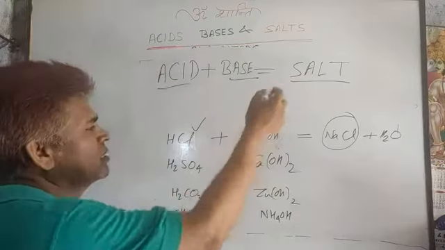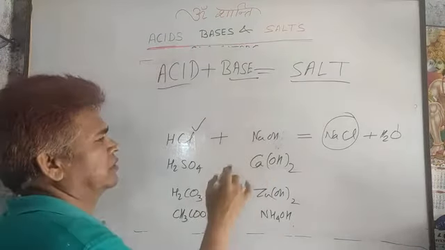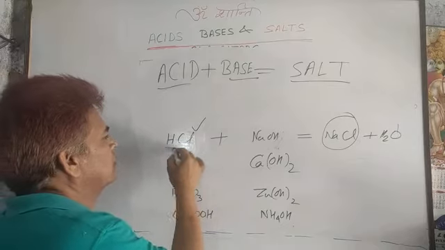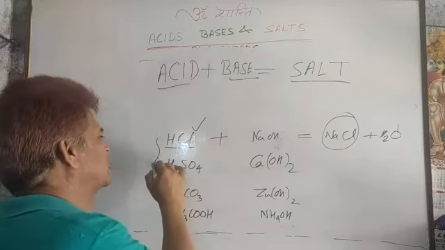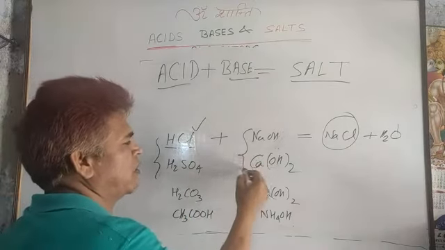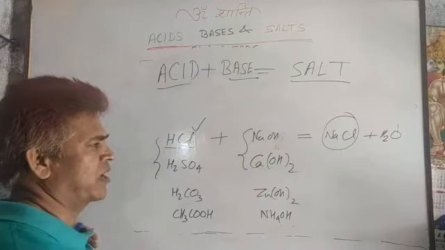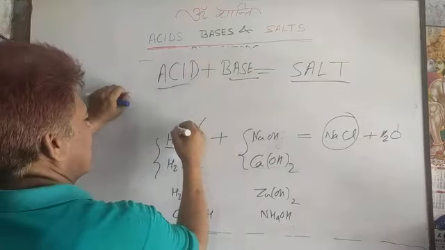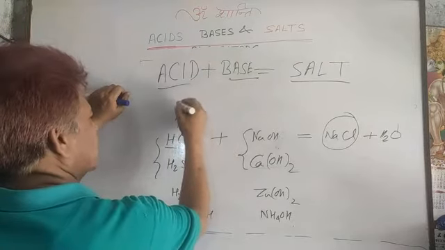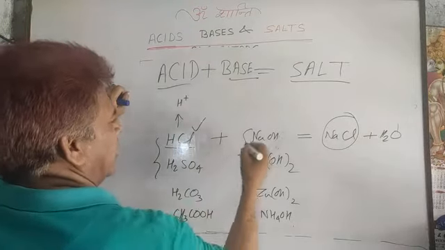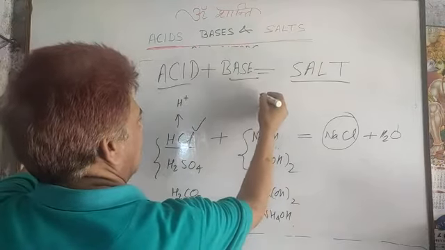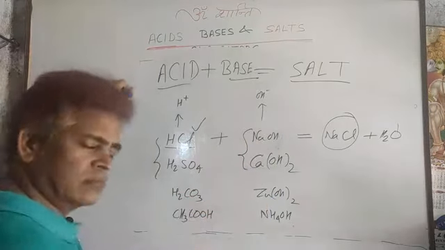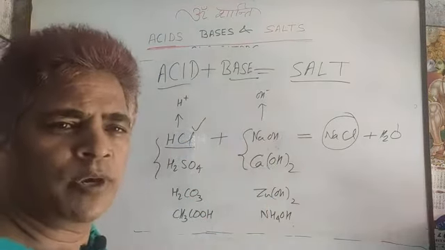So, come to the salt. Here you have taken the stronger acids, these two are the stronger acids and these two are the stronger bases. And yesterday I discussed that any acid gives H plus and any base gives the hydroxyl ion on dissolving into water.